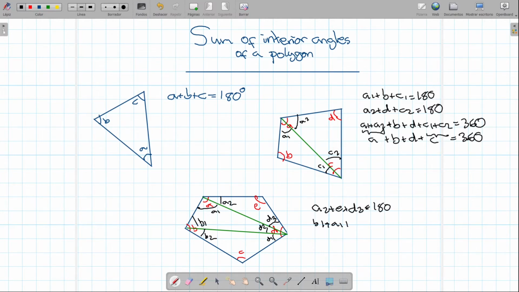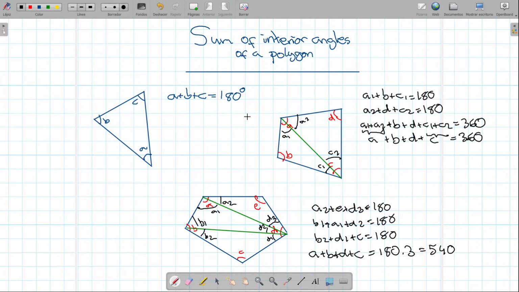B1 plus A1 plus D2, that's 180. And B2 plus D1 plus C, that's 180 again. Okay, so if we add up, all those were our original angles again. So we have that A plus B plus C plus D plus E, the 5 angles, are 3 times 180, so that's 540 degrees.